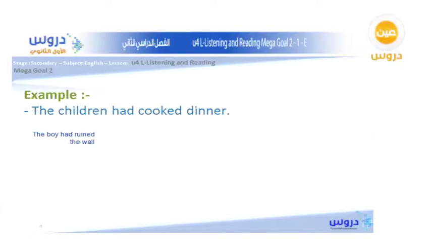Okay, so this is number one: the boy had ruined the wall. Okay, so this is the second sentence. Now we're going to write a couple more sentences. We can also add another one.